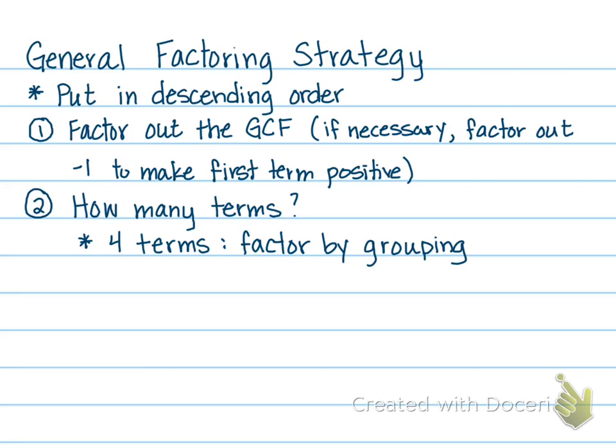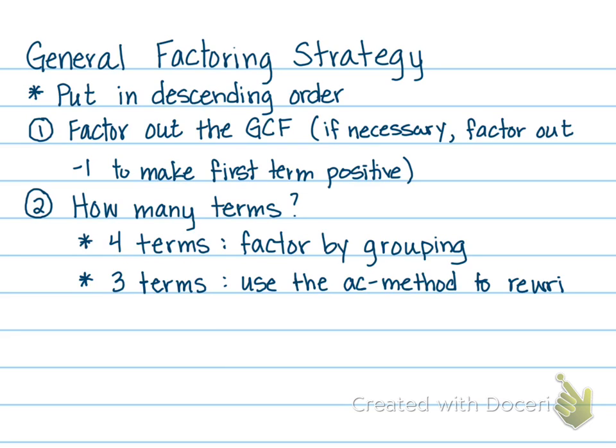We're just going to start talking about 3 terms, and we'll do much more of it tomorrow, but I want to at least get our general strategy down. So we're going to use what we call the AC method to rewrite with 4 terms.